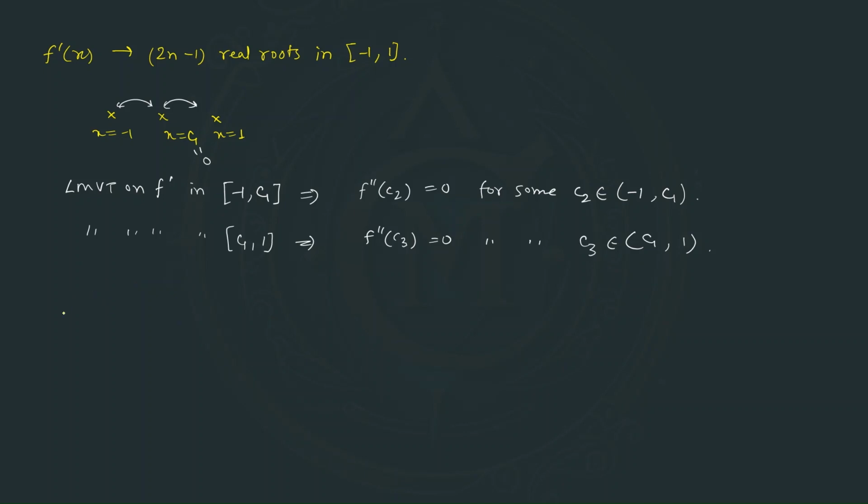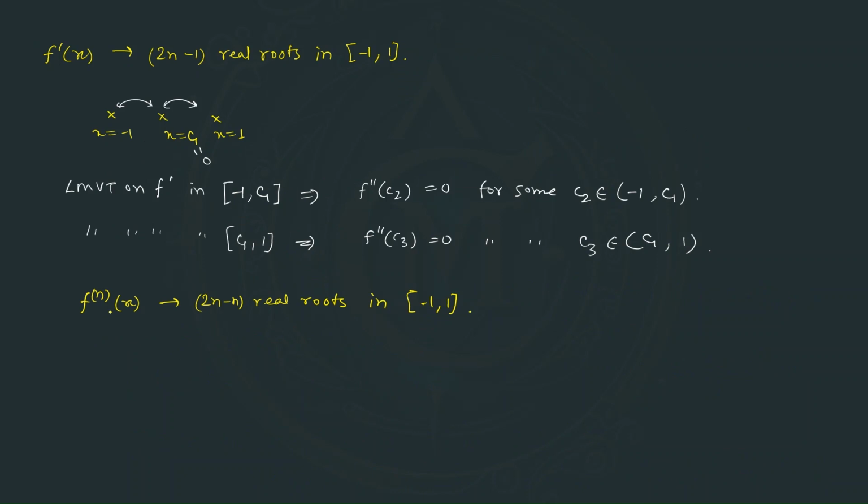So by the pattern we can say that nth derivative of this function, we denote by fn of x, has n real roots in closed minus 1 to 1.